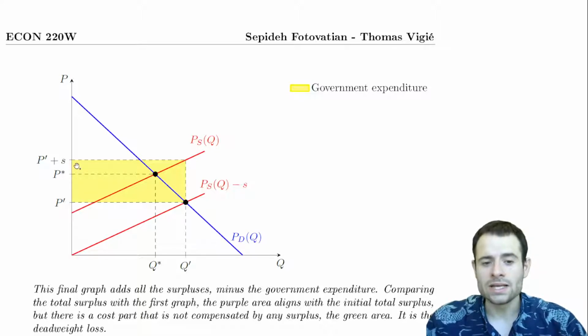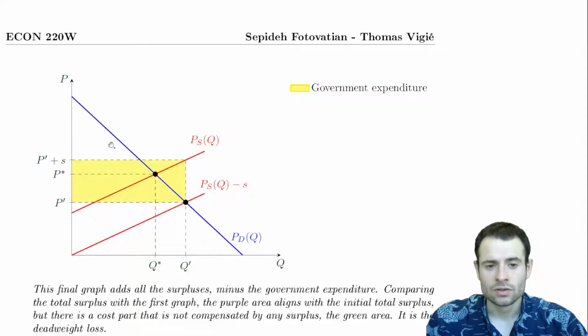And now, adding all the surpluses, we need to be careful because a lot of areas are going to overlap. This area in the previous graph represents consumer surplus. This tiny triangle here in the previous graph represents producer surplus. Now, this area here is an expenditure for the government, so a negative surplus, but it is part of the consumer surplus.